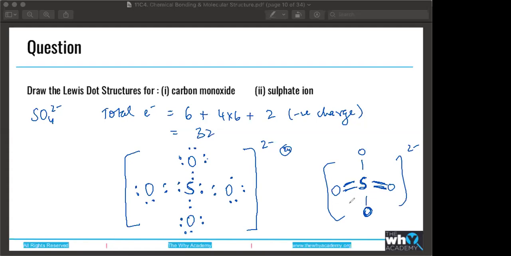Yes, ma'am. It's only based on its valence shell, right? Because it has 6 valence electrons in its outermost shell. Absolutely. So the valence shell of sulfur has 6 electrons. It's not going to give away any electrons. It's not going to lose electrons. So it absolutely has to have a minimum of 6 electrons around it when it is forming bonds. Okay. So that's why its structure will be modified in this way.